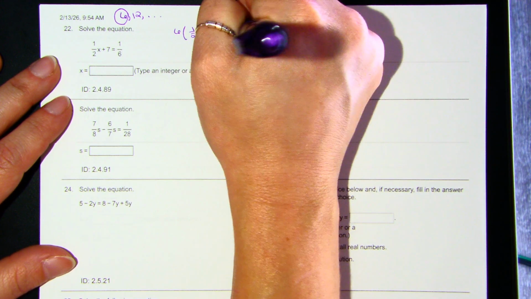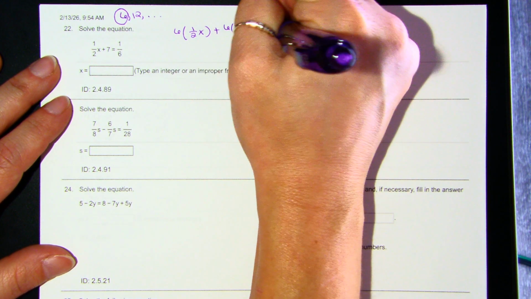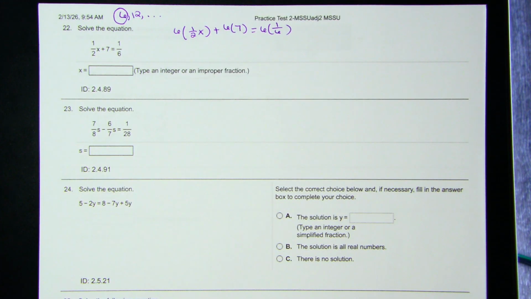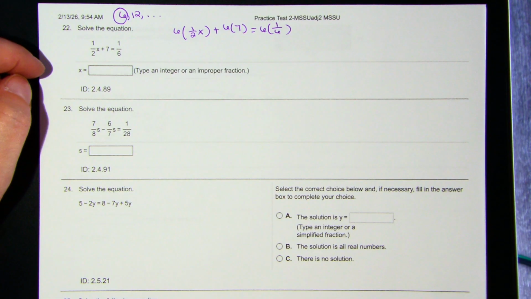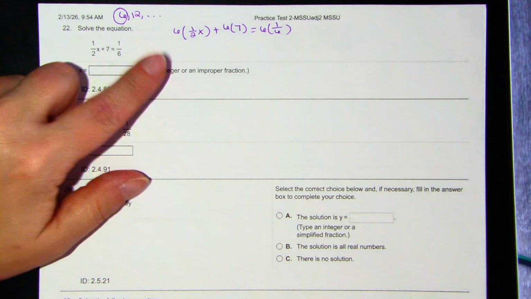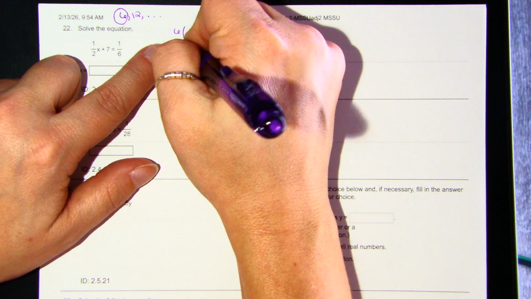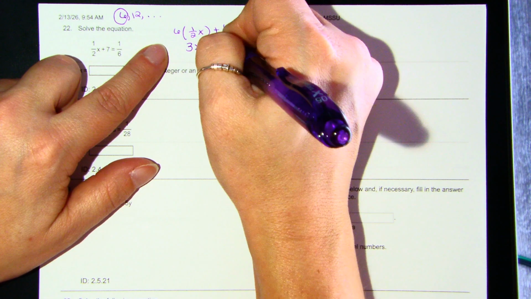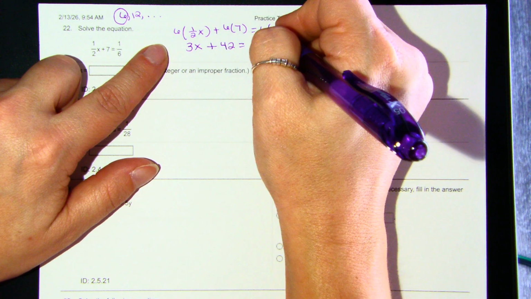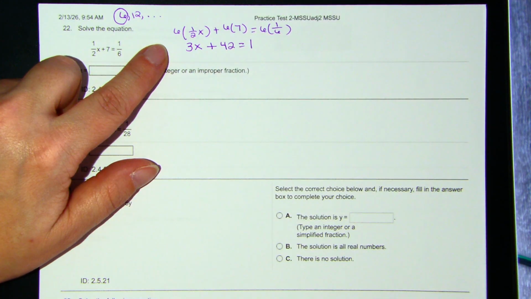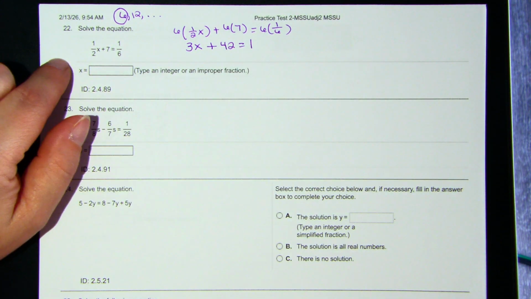What that will do is it'll take 6 halves, so 6 divided by 2 is 3. We get 3x. 6 times 7 is 42, and 6 times 1/6 would give us 6 over 6, which is 1. So instead of worrying about 1/2 x plus 7 equals 1/6, we're going to worry about 3x plus 42 equals 1. They're all whole numbers. Nice, neat. I like that.